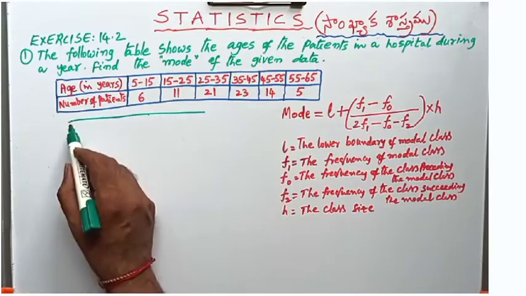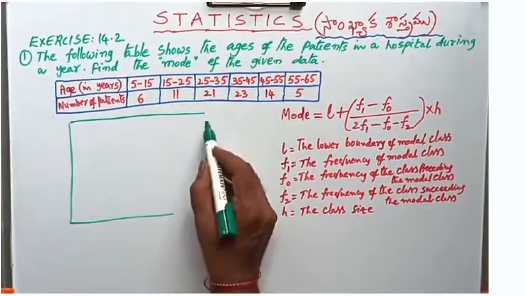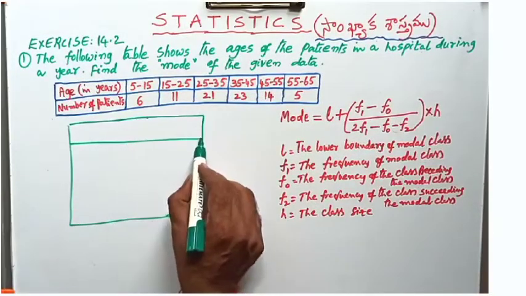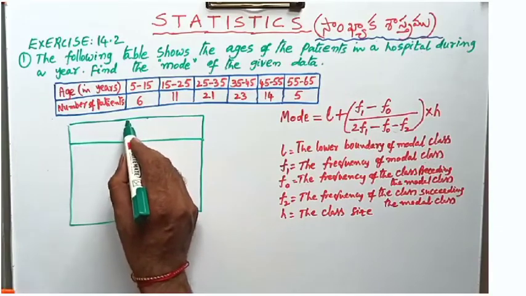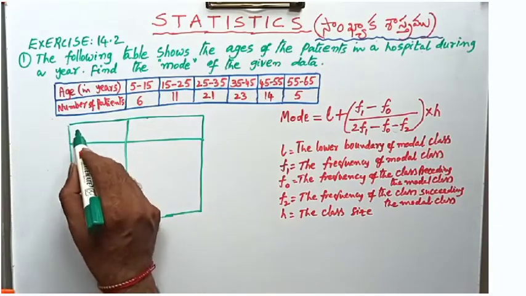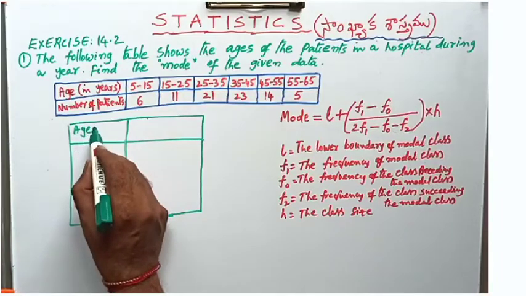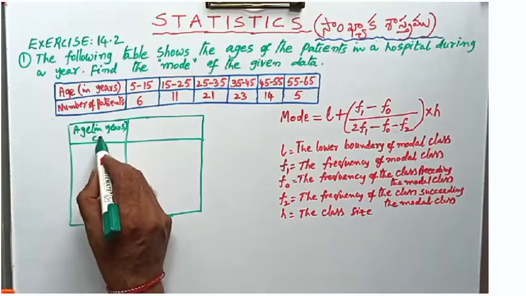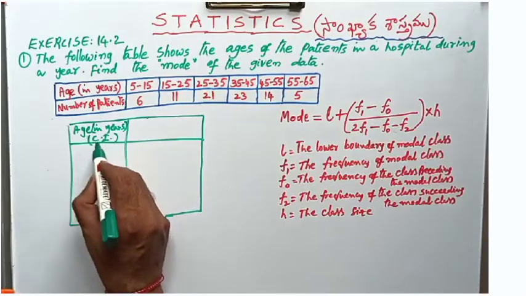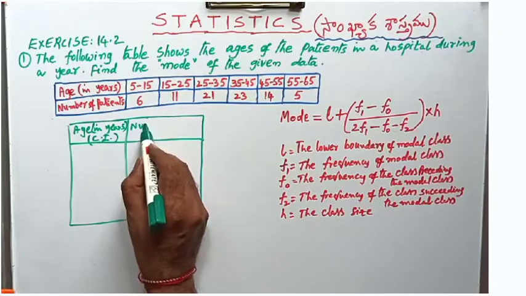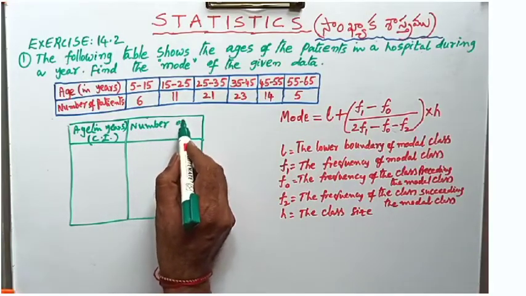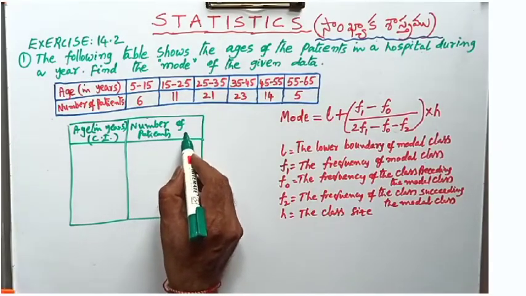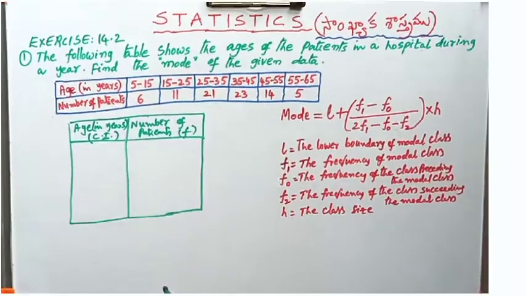So you take like this: age in years, this is the class interval, and next the number of patients, this is the frequency.